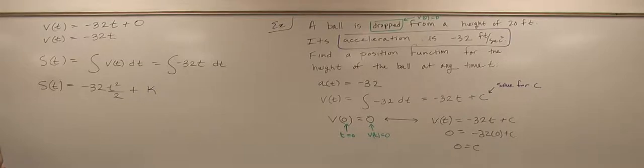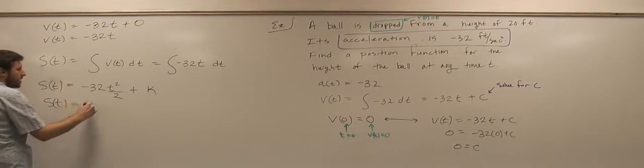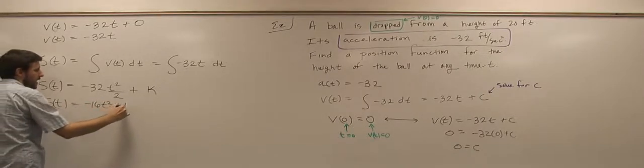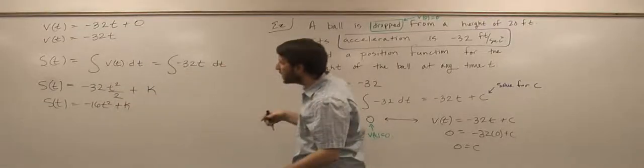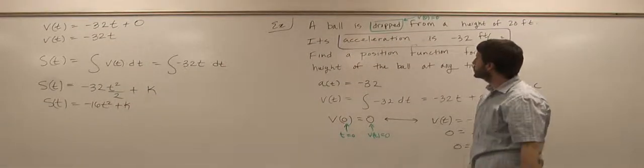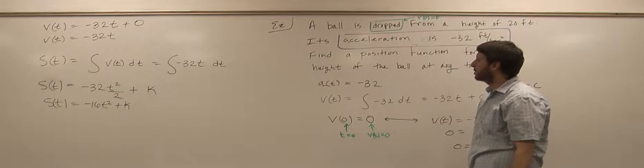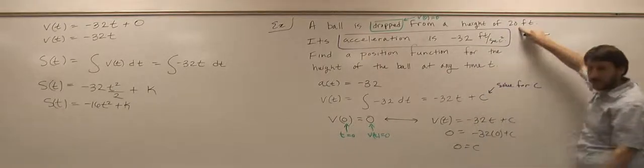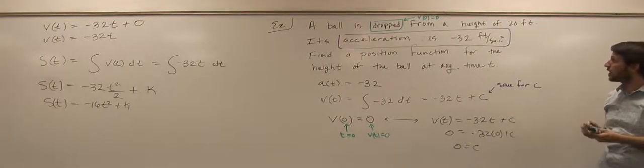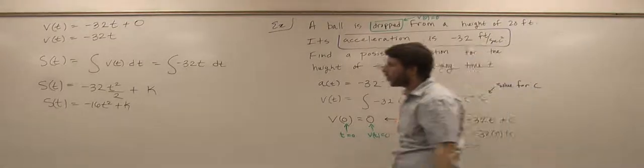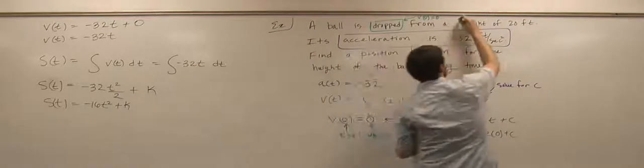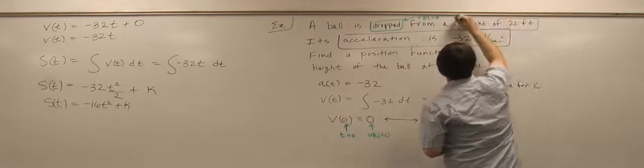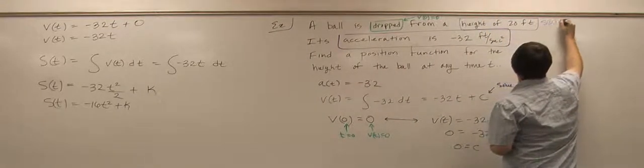Plug in 0 first. Yeah, so let me clean this up. S of t equals negative 16t squared plus k, and we have to solve for the constant. When I plug in 0 for t, what should my position be? 20 feet. Right? Because initially, when this whole process starts, the ball is 20 feet high. So this is S of 0 equals 20.